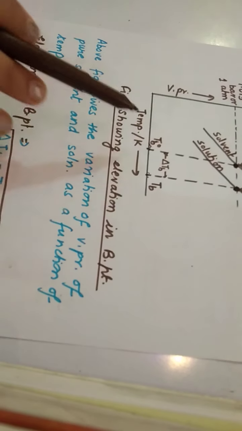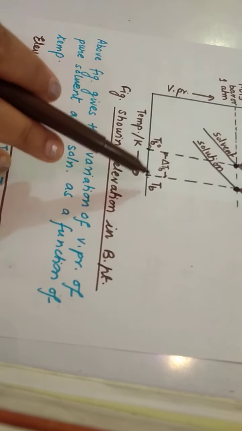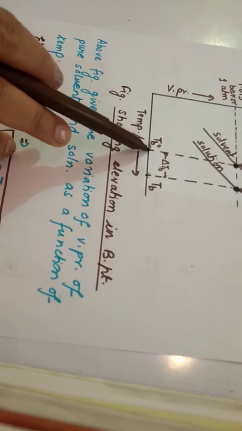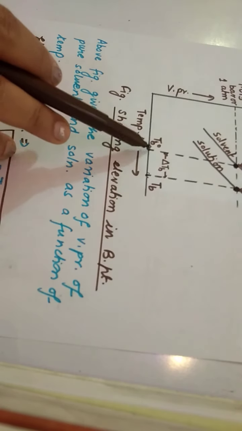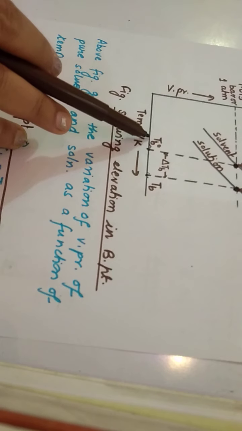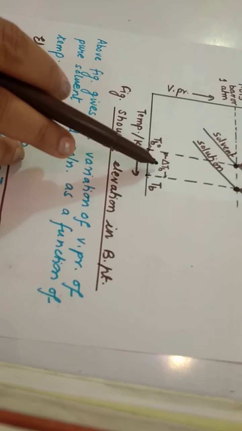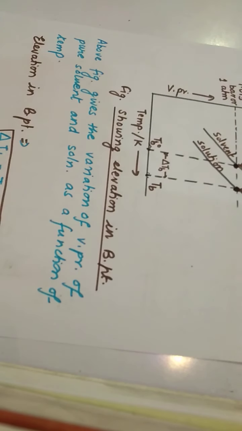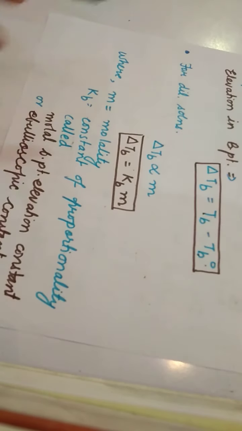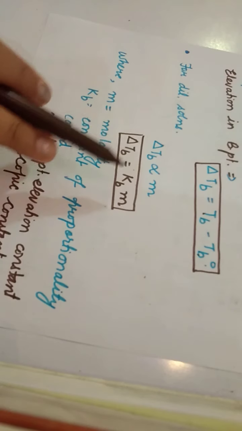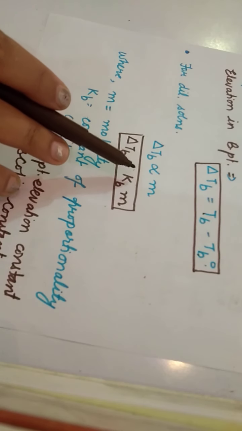So if you have Tb over here and Tb naught over here, then Tb minus Tb naught will give you the value of delta Tb, where delta Tb is the elevation in boiling point. Now children, for a dilute solution, delta Tb is directly proportional to molality.